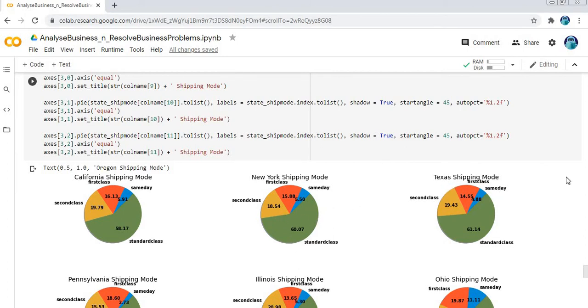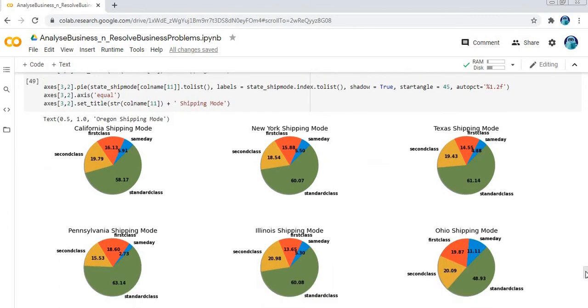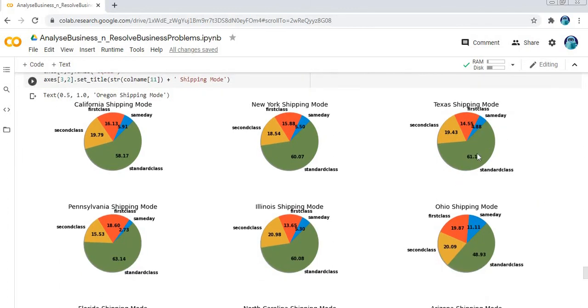New York has done almost the same. But if you see the other states, they have done 14% first class delivery, 19% second class, and 61% standard class.